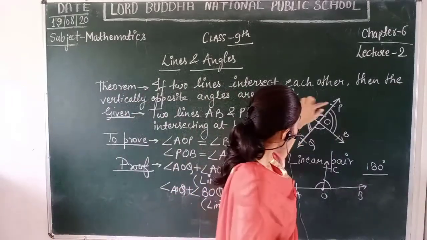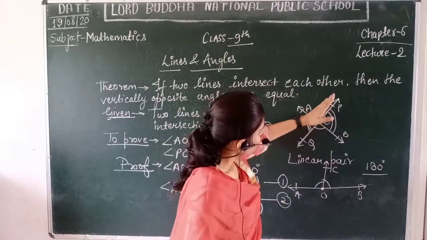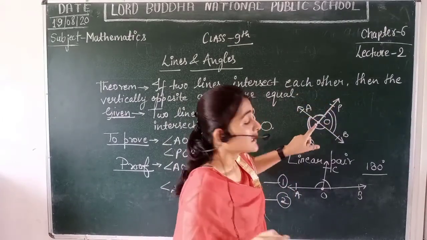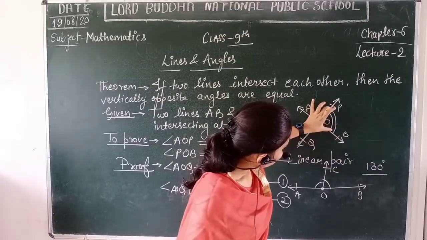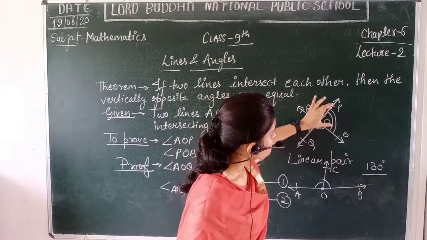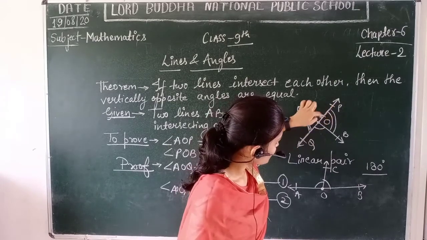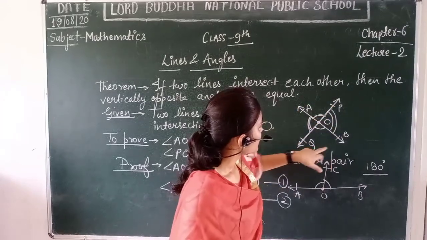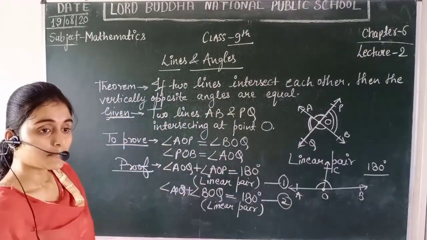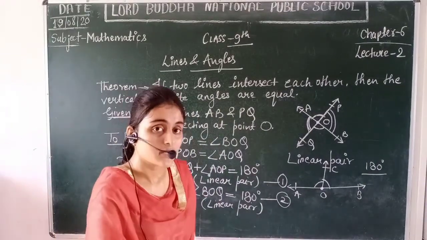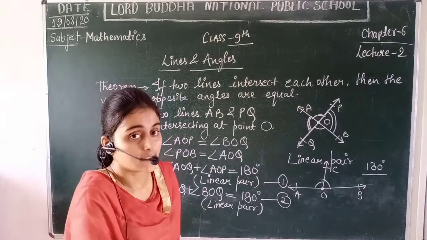Again, now on PQ, if you see, there is another ray drawn, OB. With the ray OB, two angles are formed. The first one is POB and the second one is BOQ. They also sum up to 180 degrees because they are made on a straight line, so they are also a linear pair.